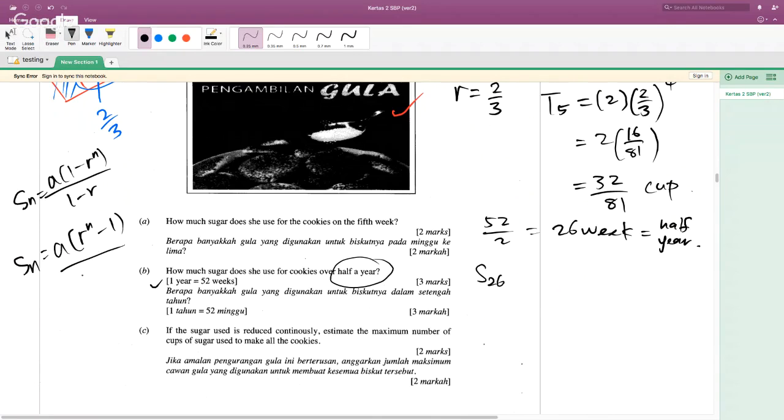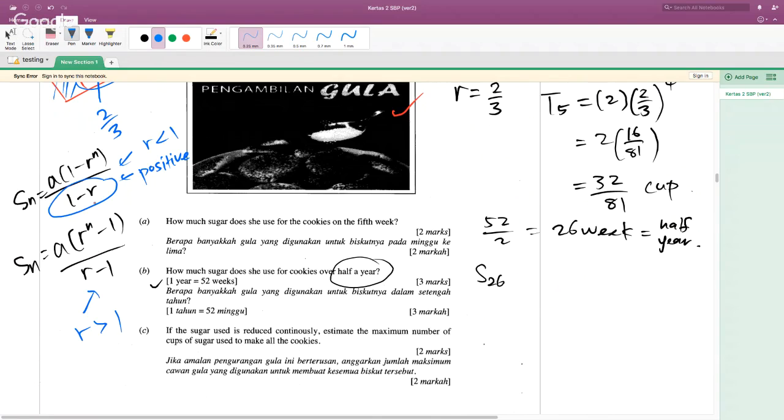Which one to use depends on R. To use the first one, R must be less than 1. To use the second one, R must be bigger than 1. This is the method I use for myself: I will always assume the denominator must be positive.